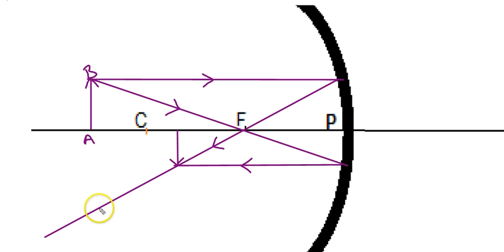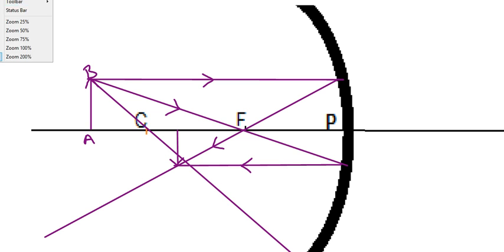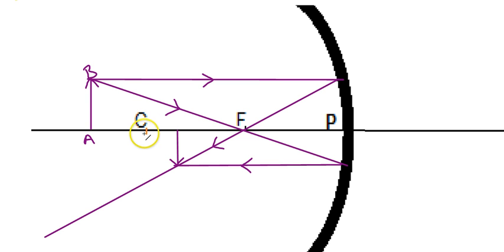Well, you can use other parameters also. Let's say we pass this B from C. If you pass B from C, here it is. Slightly we have to go further, I believe, because there's not enough space. But if you pass it through C, you will find they will be converging somewhere here only.